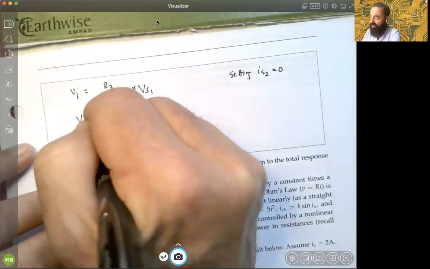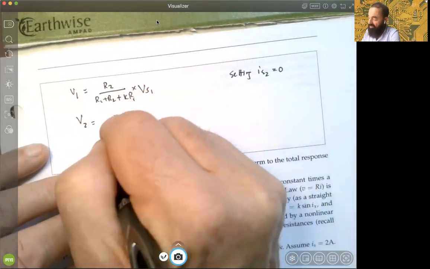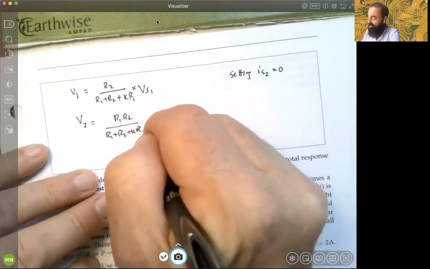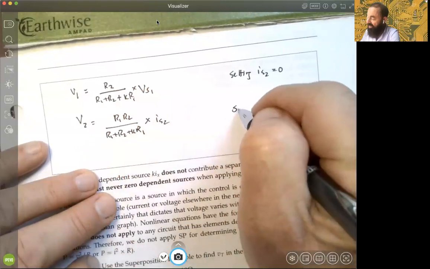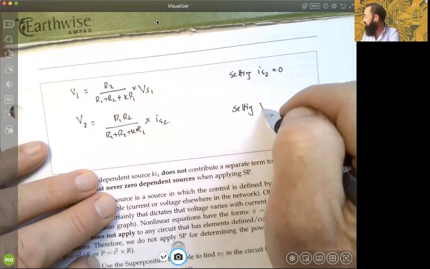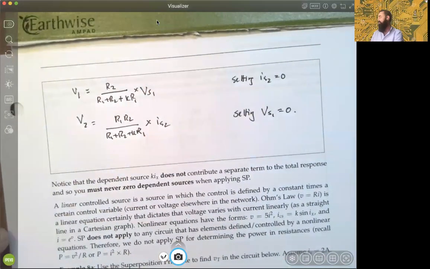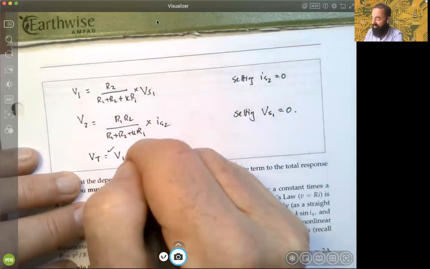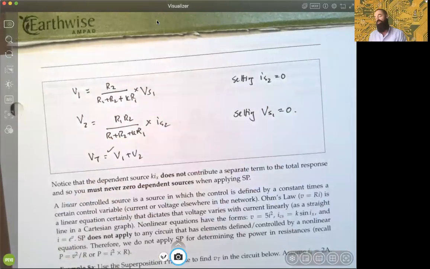And the second response was the other fraction, R1 R2 over that same denominator, but that would be multiplied by IS2, because this would correspond to setting the voltage source equal to 0, okay? So this is the idea. And then clearly, if you were to determine these independently and add them together, you would get what we just had on the bottom of page 76, okay?